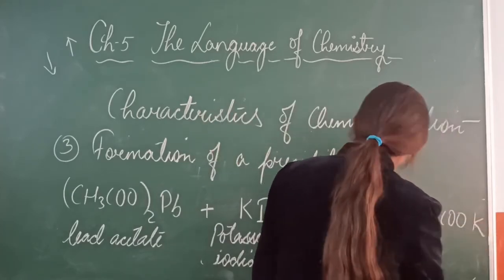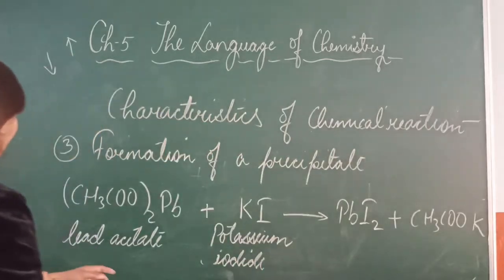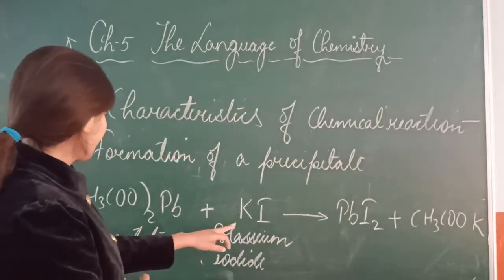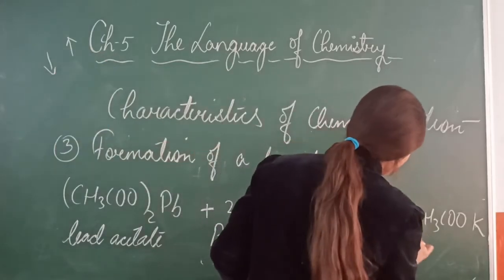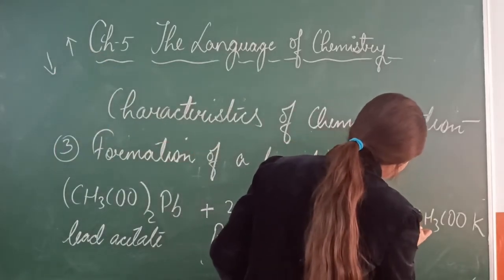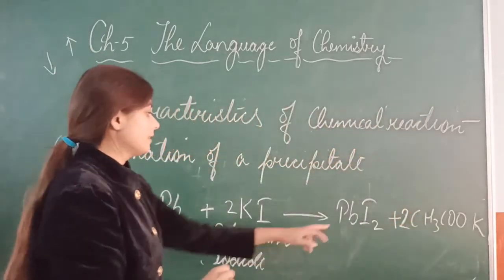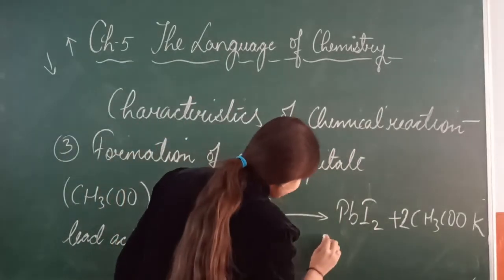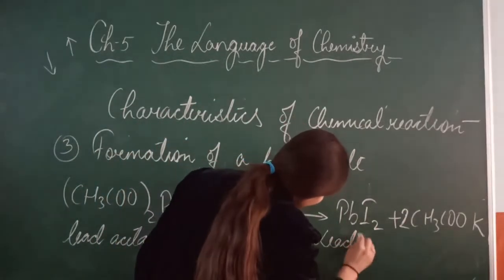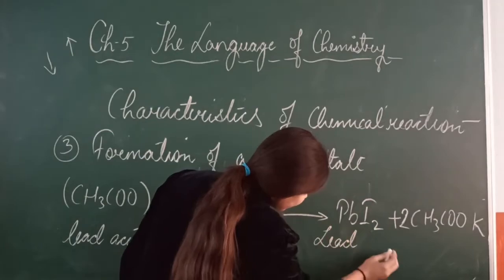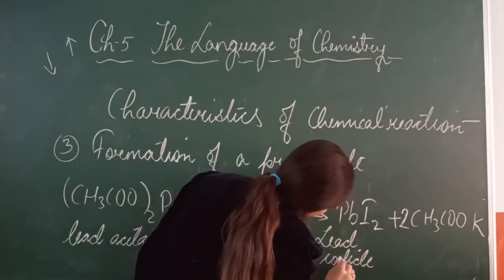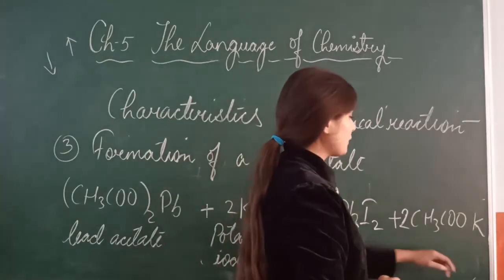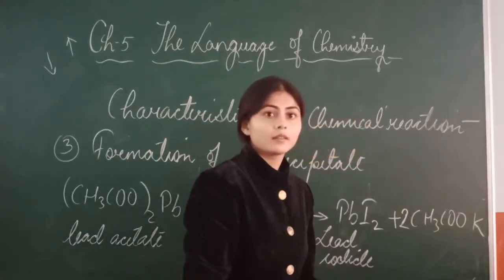Okay, let's see if it is a balanced reaction or not. No, it is not balanced, so I will balance it. Now you can see here, this is lead iodide, and this is potassium acetate.